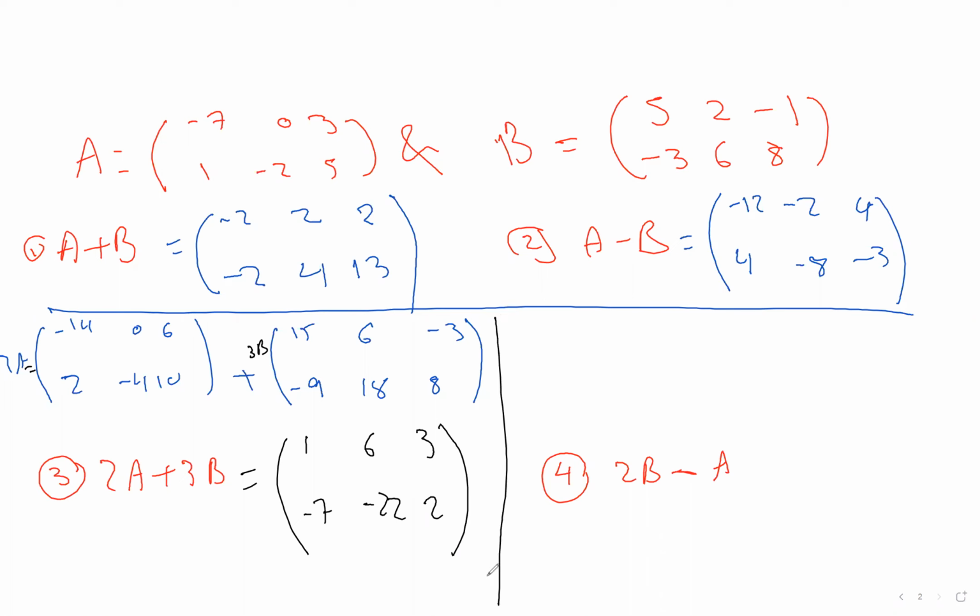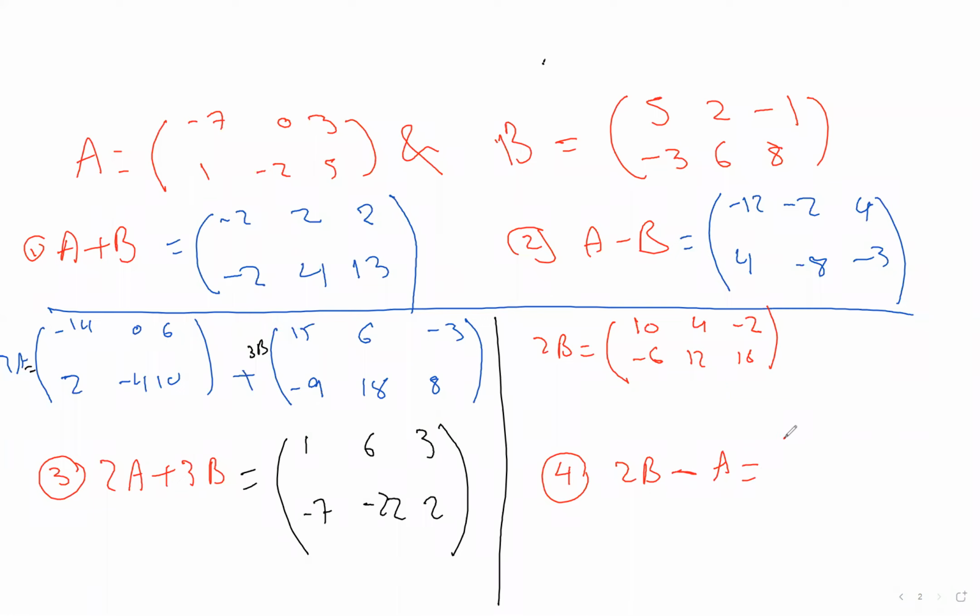It's okay. Number 4, you need 2b minus a. First find 2b. 2b is 10, 4, and negative 2, negative 6, and 12, 16. Minus a, you have already a.